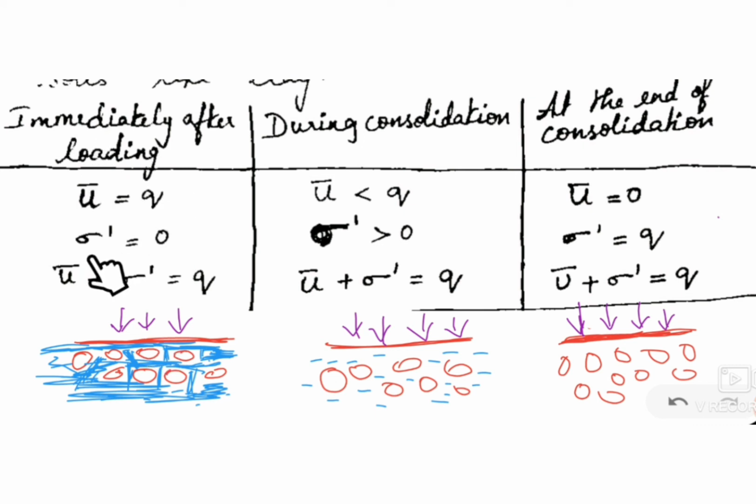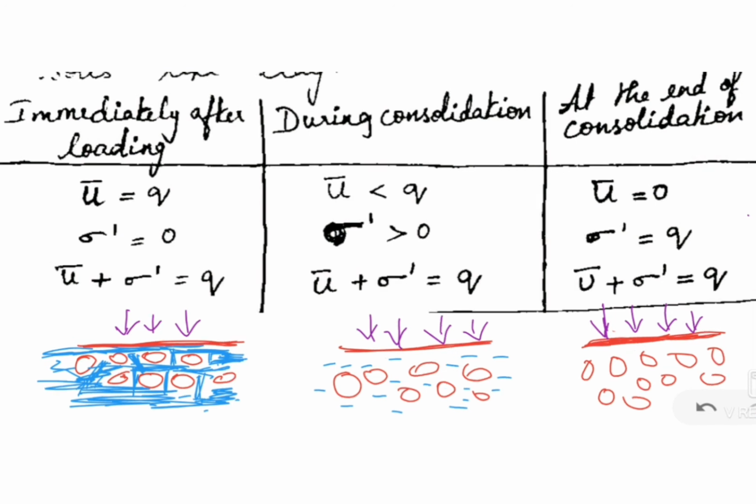At that time your soil particles will carry 0 from that load, so the pore water is totally taking that load. Then after some time during consolidation, due to expulsion of water, some water will start to escape. Therefore, after some escape of water, that load is transferred to your soil particles.